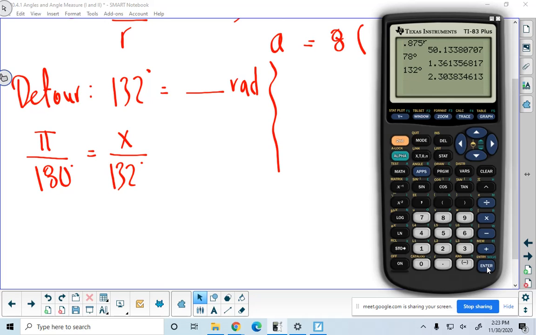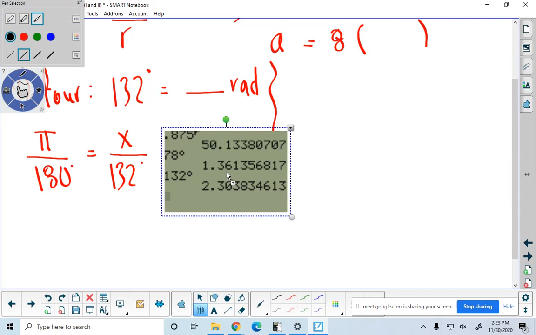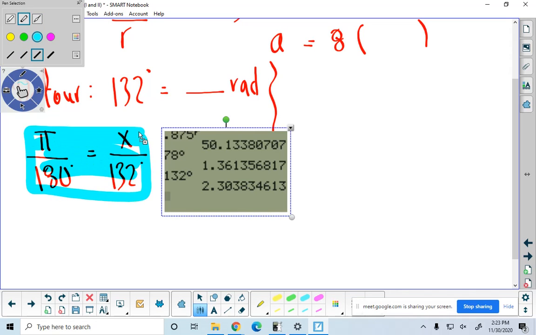So it's 2.3038 rads. And you're going to get that same number whether you cross multiply and solve this for x, or whether you do what we did on the calculator, 2.3038.